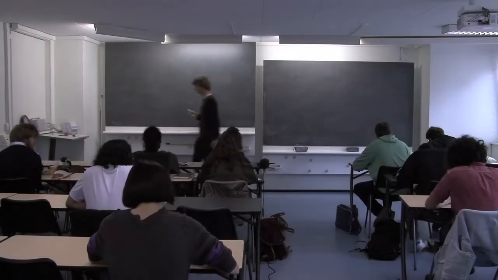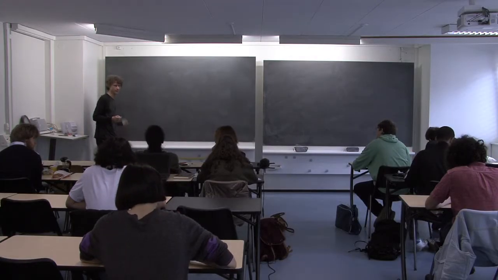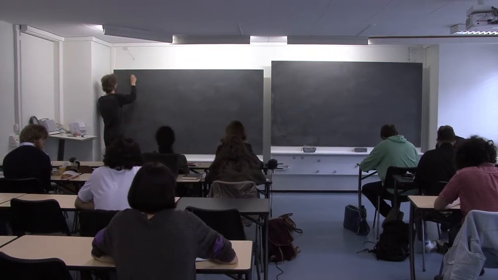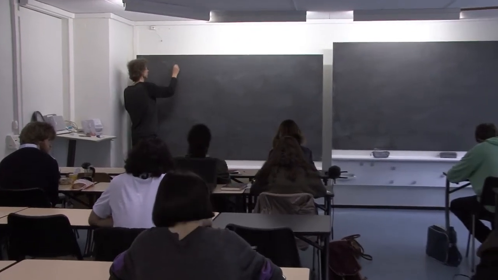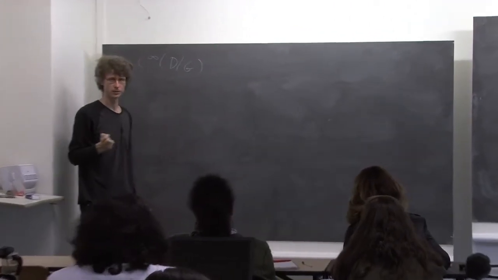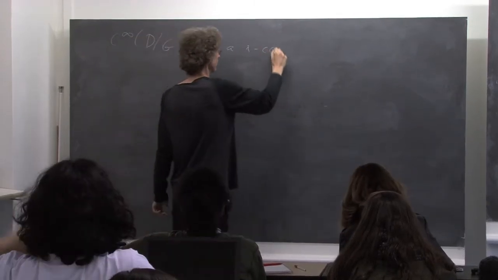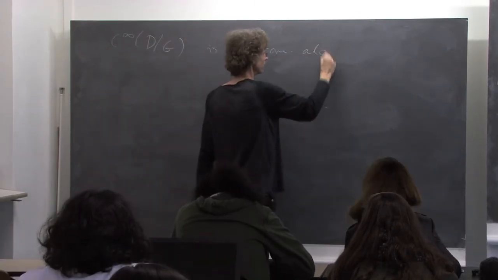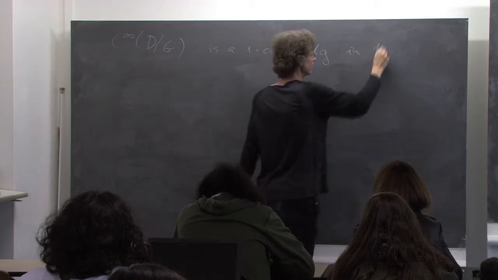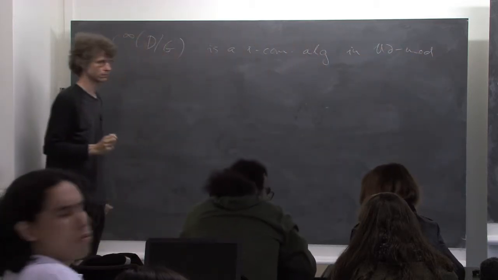Okay, so let's restart. So we just had this example that I erased, which is that C infinity of D mod G is that infinitesimally commutative algebra in UD mod.